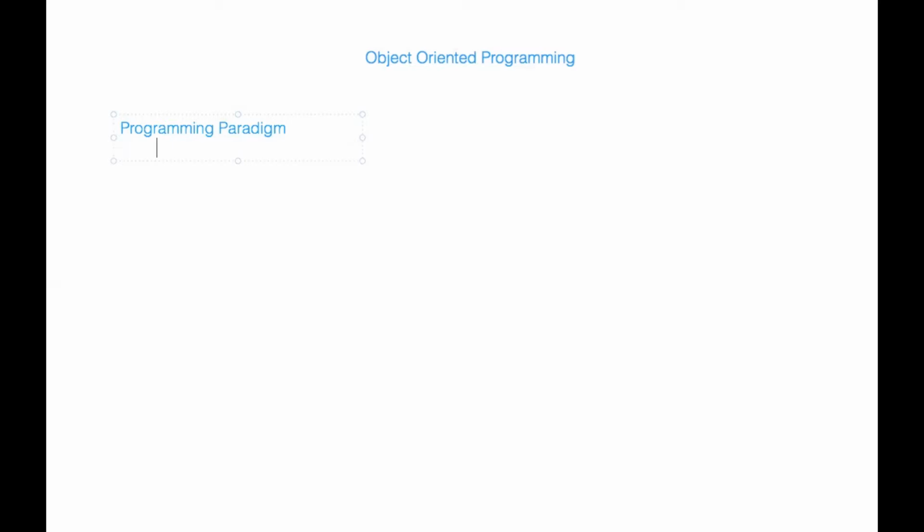There are many programming paradigms like procedural programming, functional programming, object-oriented programming. So these are some of the commonly used programming approaches to solve a computation problem. In procedural programming, we think of our computation problems as many procedures that interact with each other.